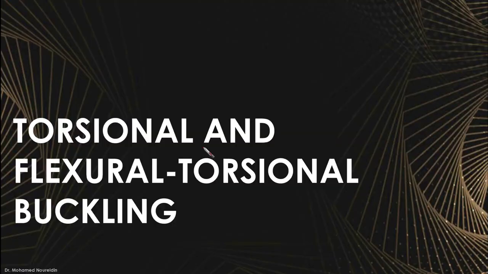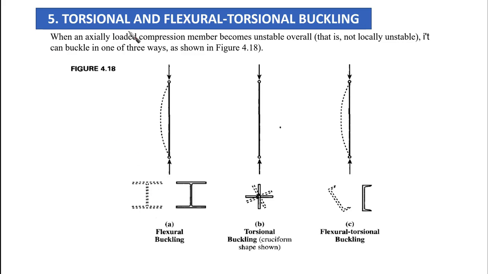Okay. So the last thing that I want to talk about is related to the torsional and flexural torsional buckling. Other types of mode failures. So when an axially loaded compression member becomes unstable, overall, that is not locally unstable, I'm talking about the global failure behavior, it can buckle in one of 3 ways as shown.